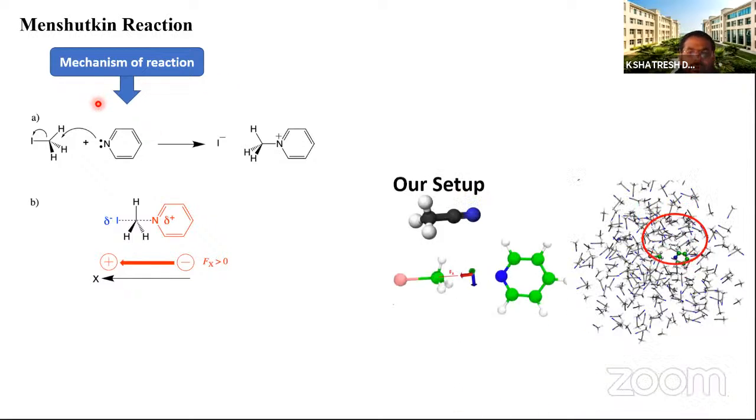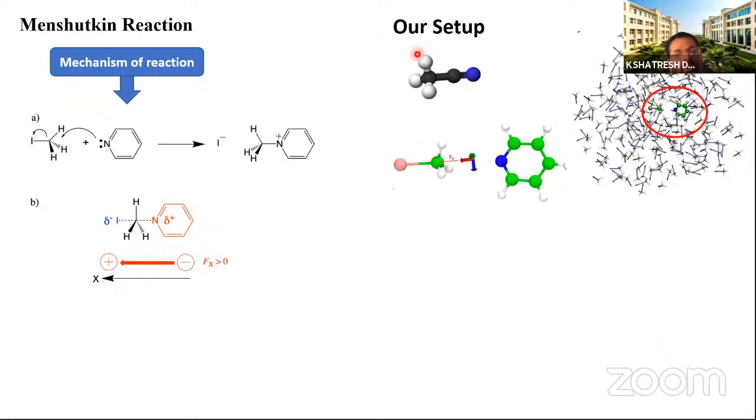This is a very simple reaction mechanism, and for my setup I used acetonitrile as the solvent, and then I put in compounds like methyl iodide and pyridine into the solution.